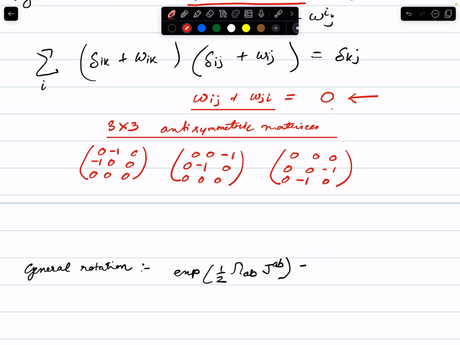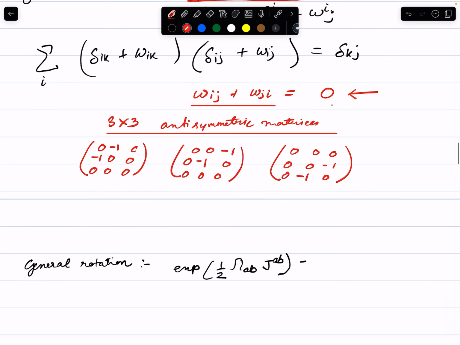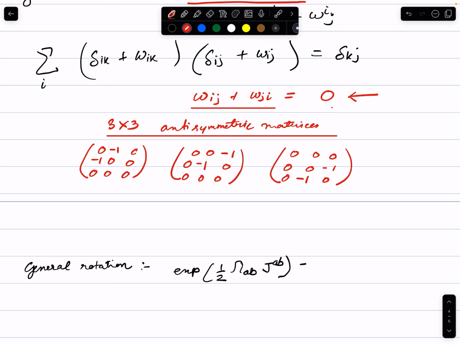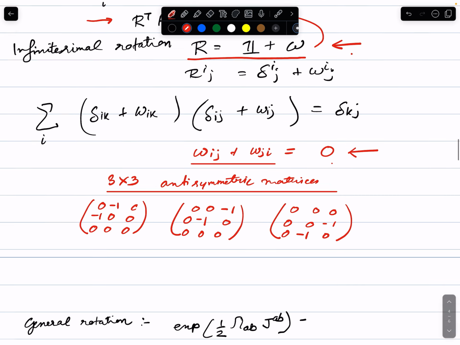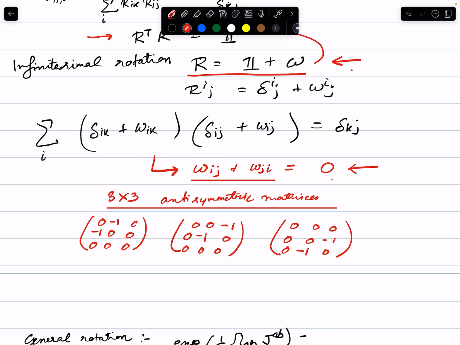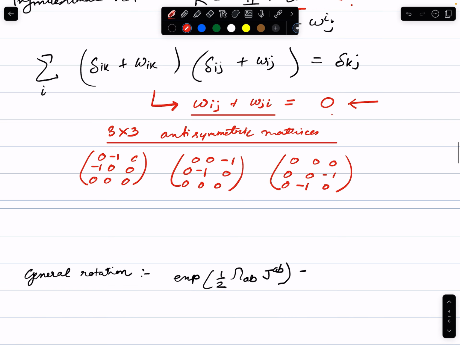I can write any infinitesimal rotation as a linear combination of these matrices. Why? Because the most general infinitesimal rotation is simply an antisymmetric matrix, so it can be written in this basis.